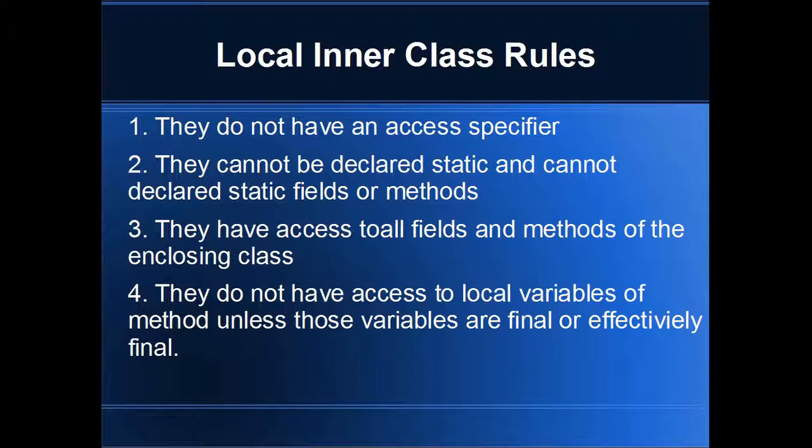They have access to all the fields and methods of the enclosing class. Remember that, like member class. They can access private variables, public variables, default, or anything in the outer class. They do not have access to local variables of the method unless those variables are final or effectively final.